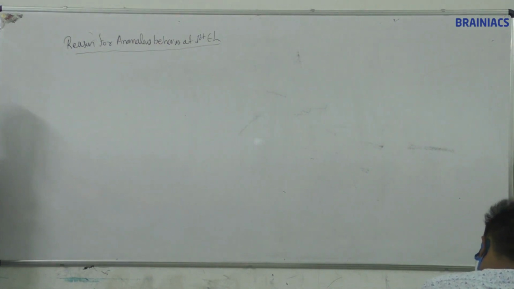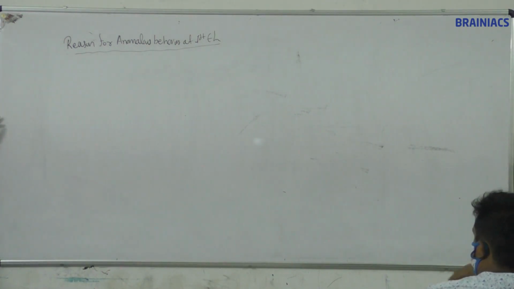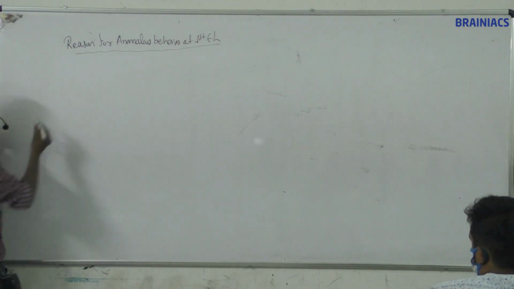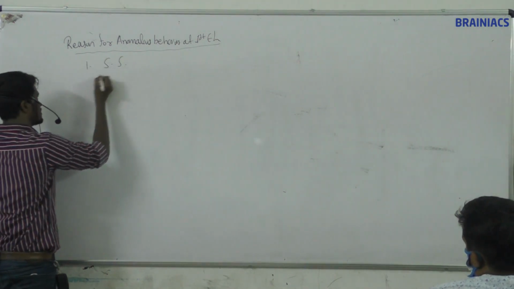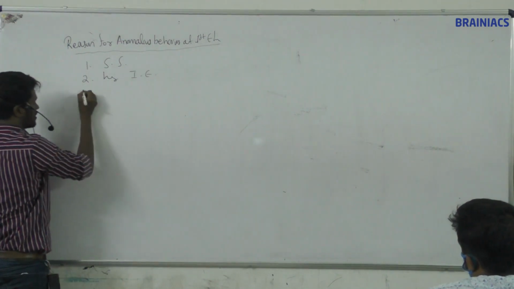Already you discussed this in classification of elements and studied it in s block elements. What are the anomalous properties of lithium? What are the anomalous properties of beryllium? So what are the reasons for this anomalous behavior of first elements in every group? Correct. Smaller size.